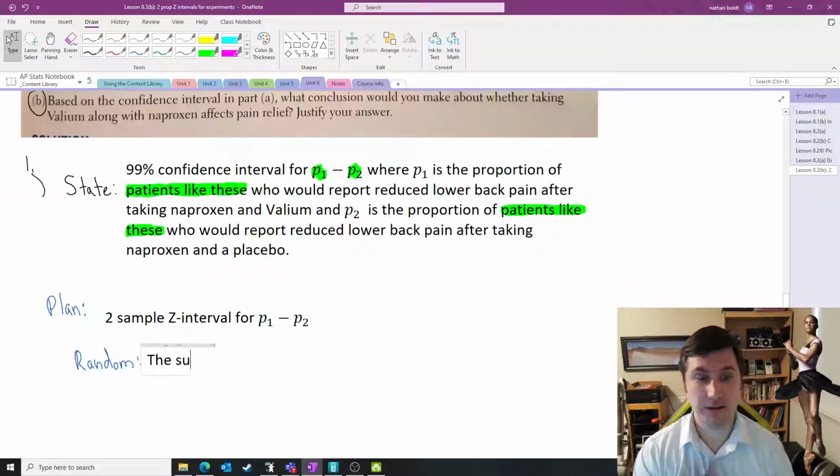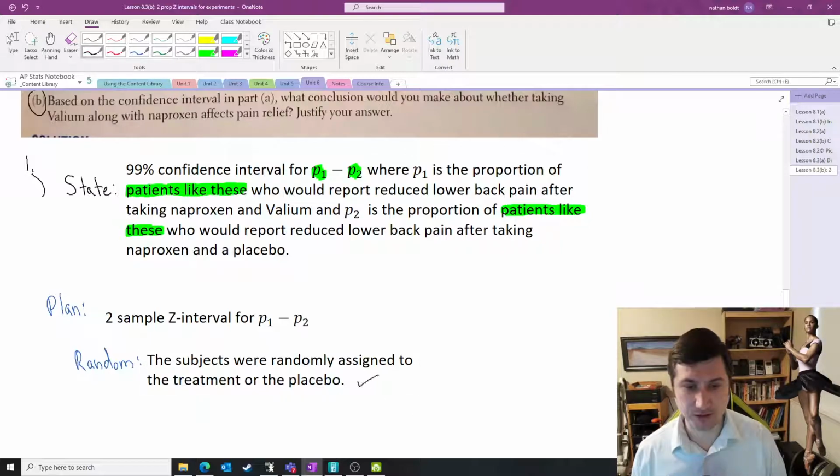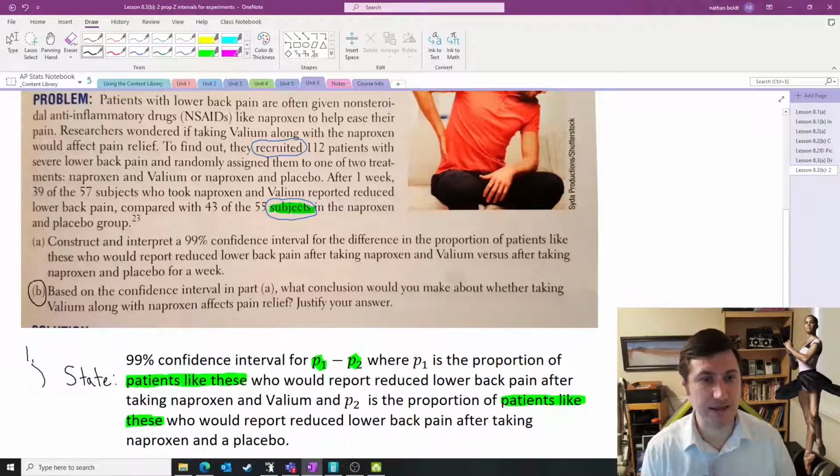The subjects were randomly assigned to the treatment or the placebo. So yes, check mark, we do have the random condition. And I'm assuming it said somewhere up here that they were randomly assigned. Yes, right here. They are randomly assigned to one of 2 treatments.